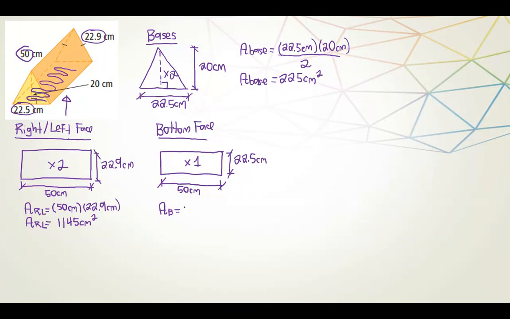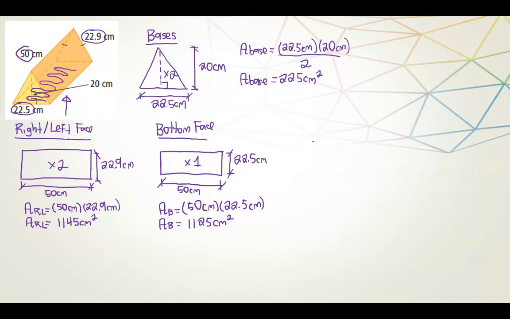Okay, so A for the bottom would be length times the width, which is 50 centimeters times 22.5 centimeters, because we're dealing with a rectangle. And we have A bottom equal to 50 multiplied by 22.5, which is 1,125 square centimeters.